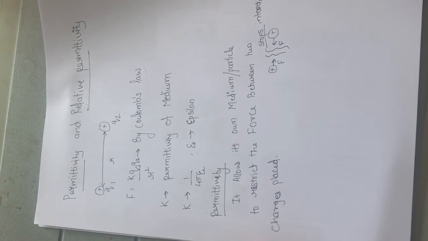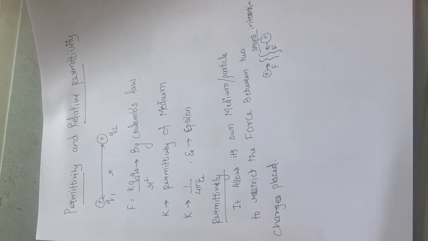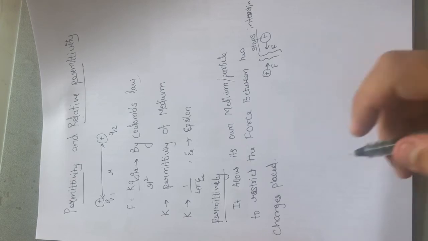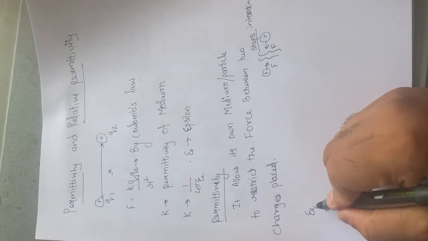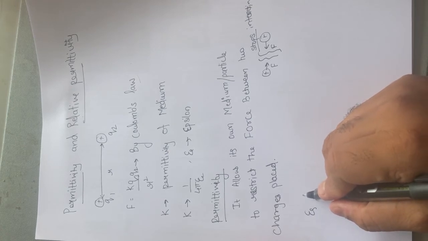That property of the medium of restricting the force between the two charges is called permittivity. So it is actually permitting its own medium to restrict the force between the two charged particles.